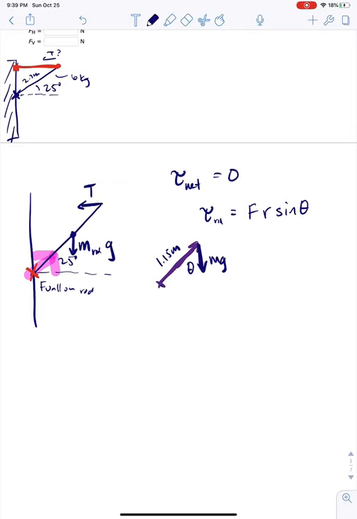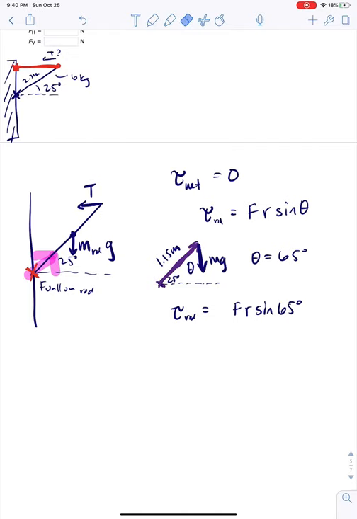Now, notice that is not the angle that we were given. The angle we were given is 25 degrees. Apply our good old trigonometry and find that theta is 65 degrees. Okay, so the torque from our rod is F r sine 65 degrees.